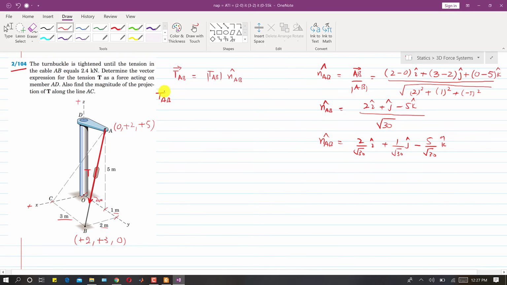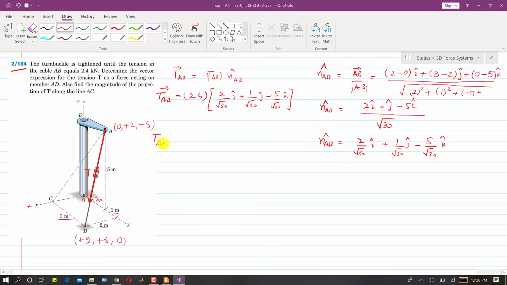So the TAB vector will be equal to, and the magnitude is 2.4 kilonewton, multiplied by this: 2 by square root 30 i plus 1 by square root 30 j minus 5 by square root 30 k, right?